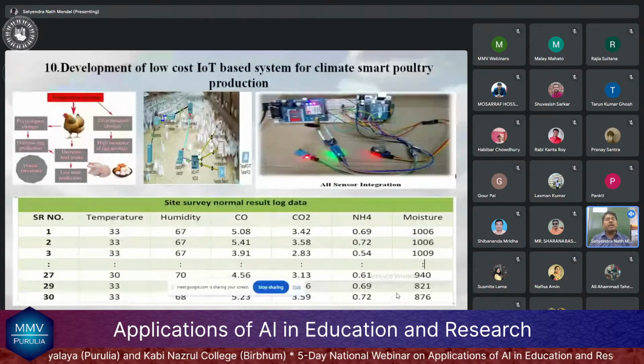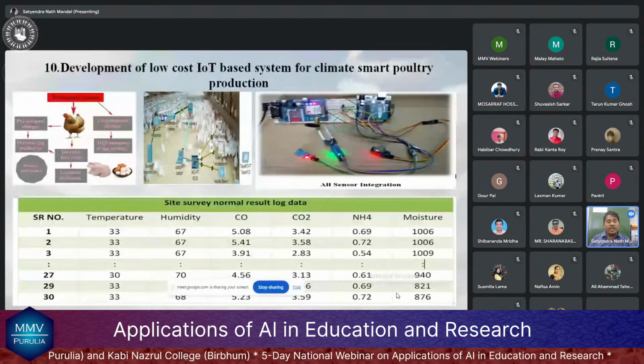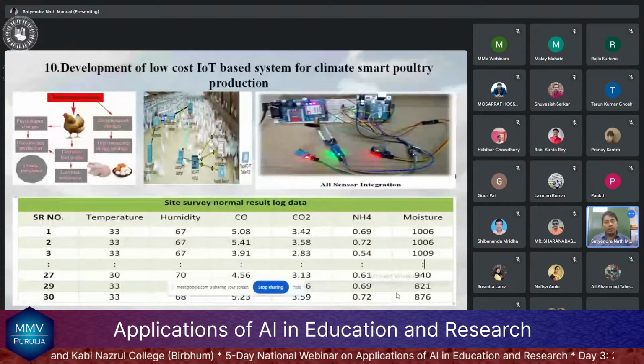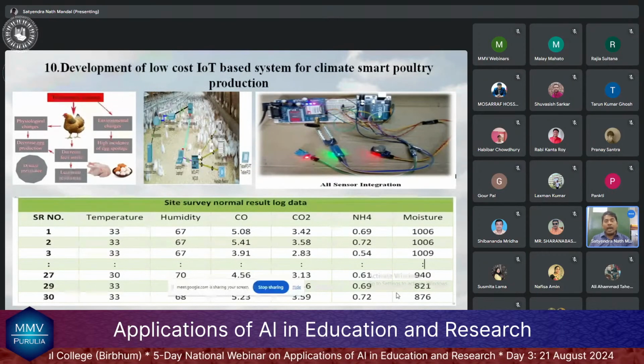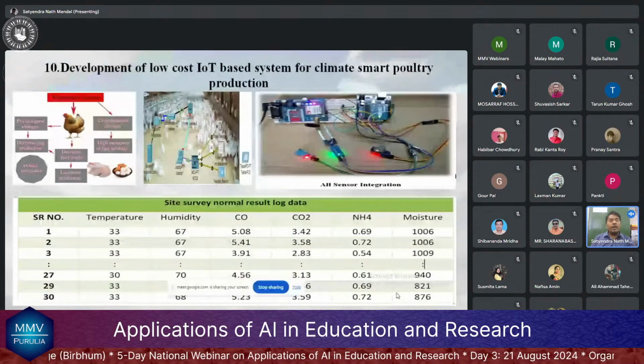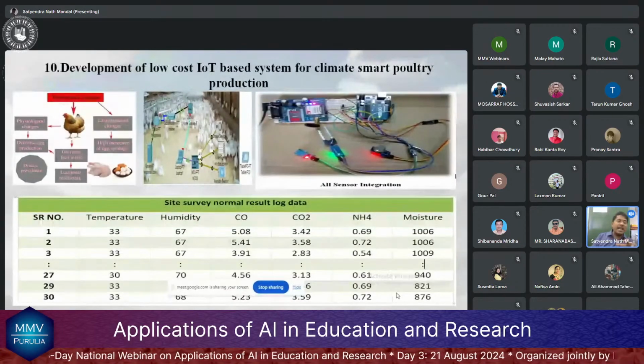Suppose if the temperature goes beyond the tolerance level, the sprinkler will switch on, or the fan will switch on. This type of work we have already done.